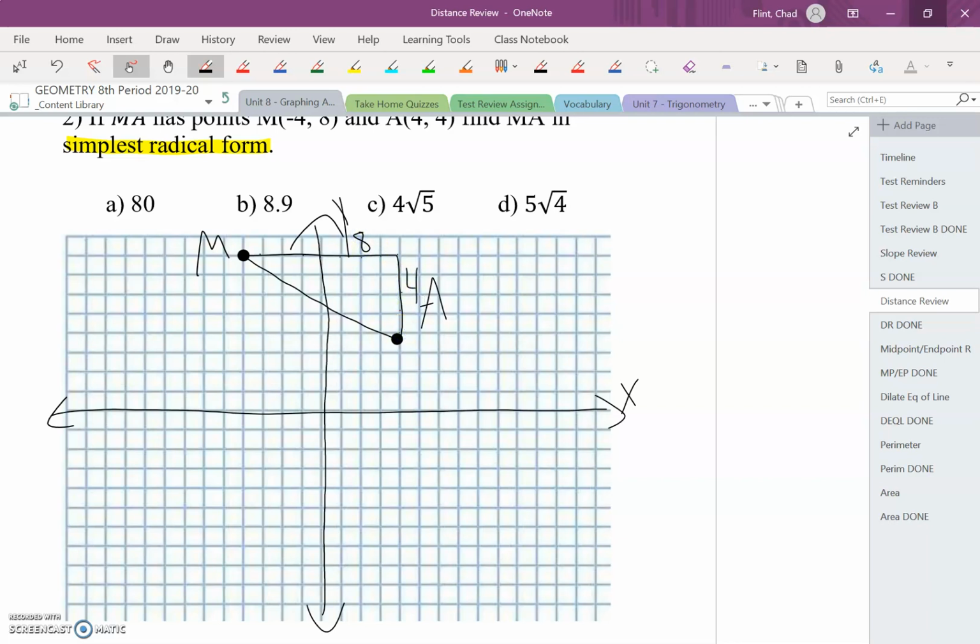Remember, again, no negatives when we're solving a distance question. We don't need negative numbers.